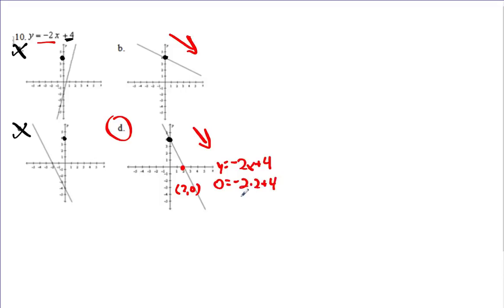So this is -4 plus 4, which does indeed equal 0. So this statement is true, which means this point is on that line, which means this has to be the correct answer. But we could skip all this if we recognize how slope actually works and what it looks like when we graph it. Okay?